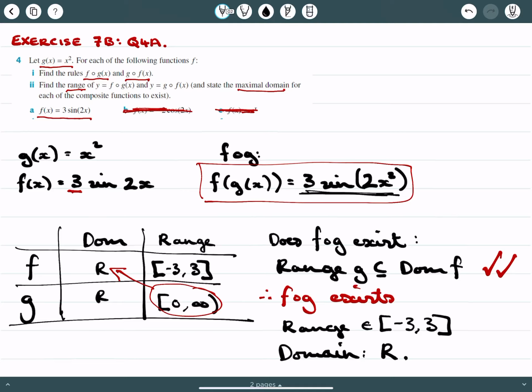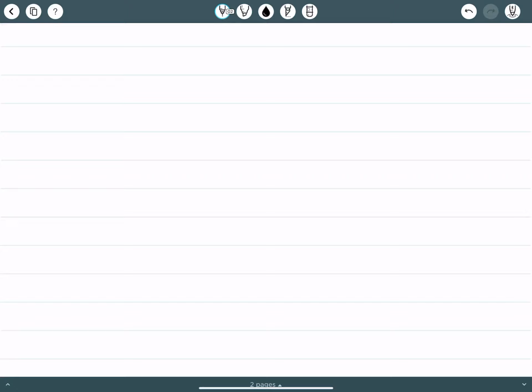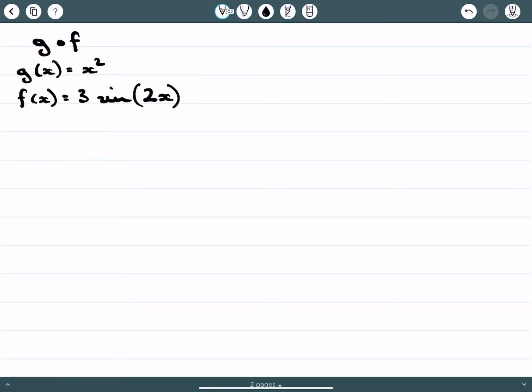Okay. If I look the other way, and I'm having a look at g of f, I'm just going to write these out: g(x) equals x squared, f(x) equals 3 sine 2x. If I write g(f(x)) as a function, this is going to give me 3 sine 2x, and that's all squared.